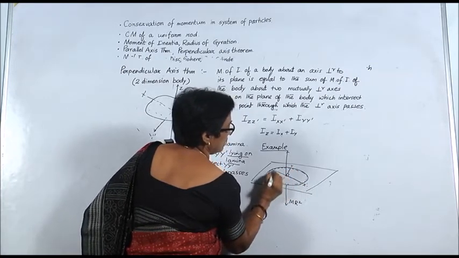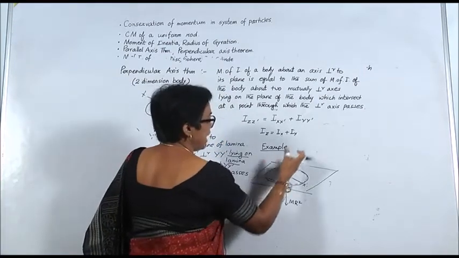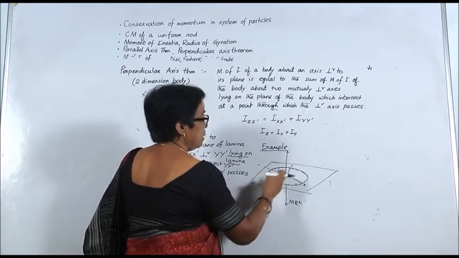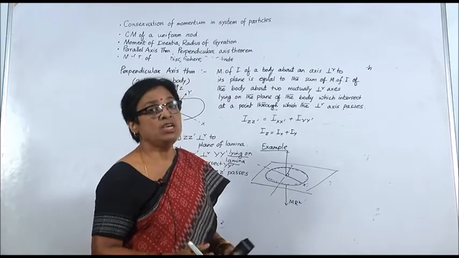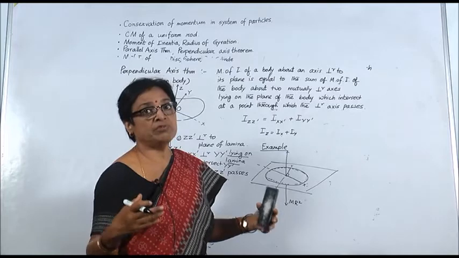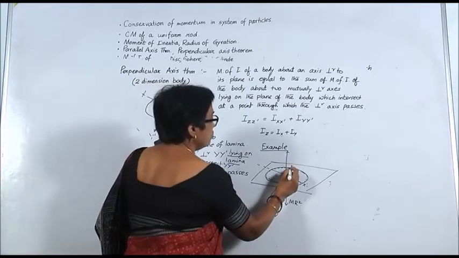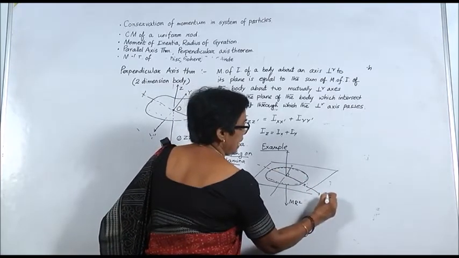So moment of inertia about any diameter. This is one diameter, this is also another diameter. Now both these moments of inertia will be the same. There is no reason why the moment of inertia about one diameter is different from another diameter. It is symmetrical about that line. So that is why the moment of inertia about this axis, let us say, is Ix.